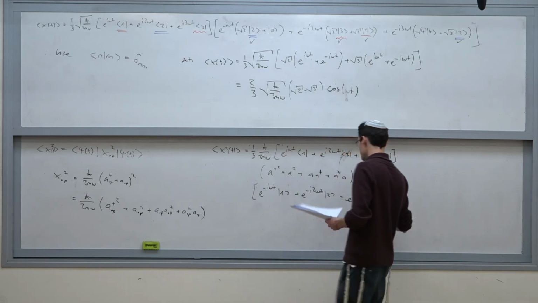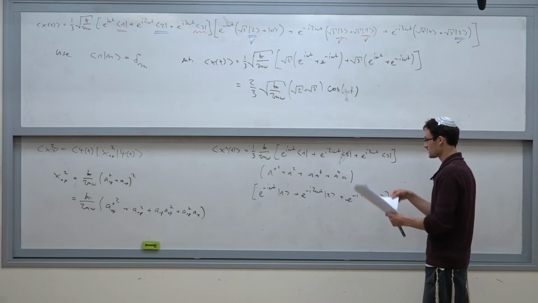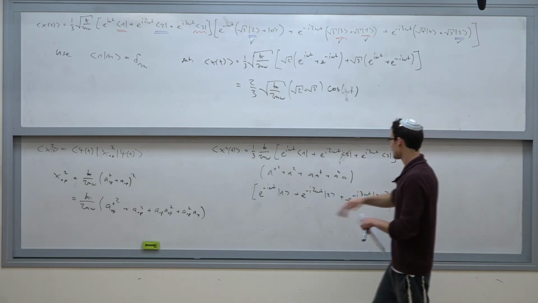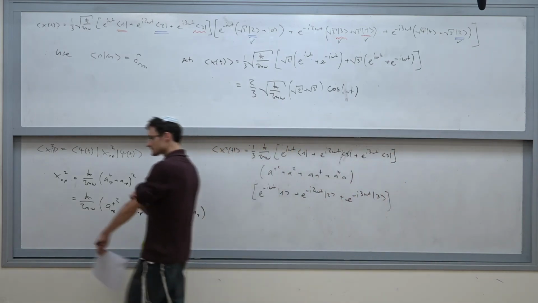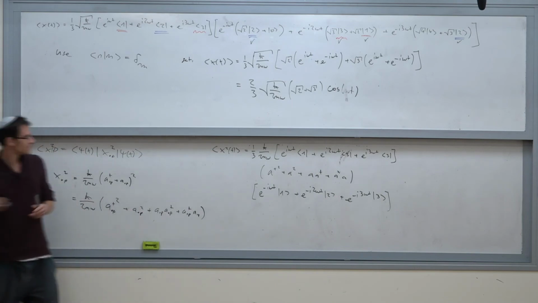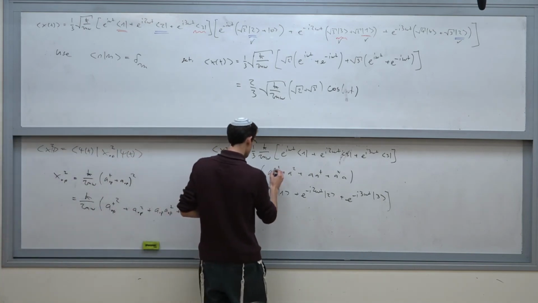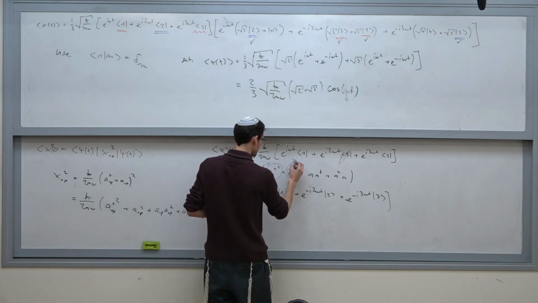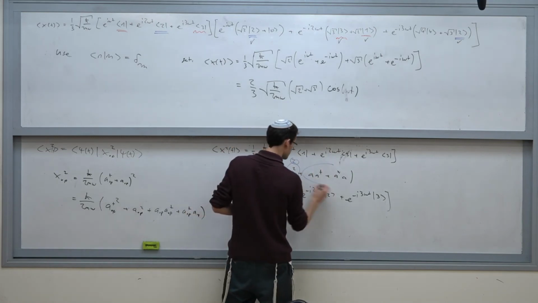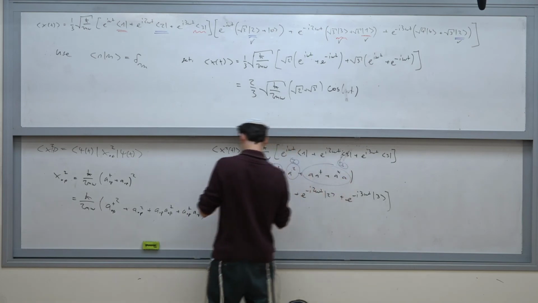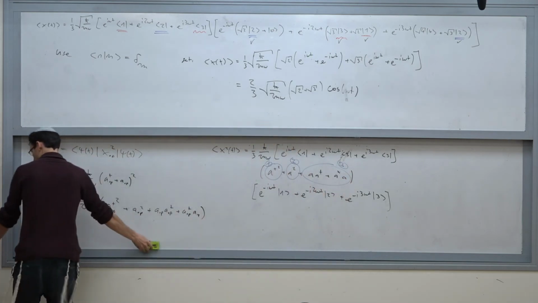Now again, before we start, think. Let's split into 3 parts. There's this part, call that 1. There's this part, call that 2. And then there's this part, let's call that 3.